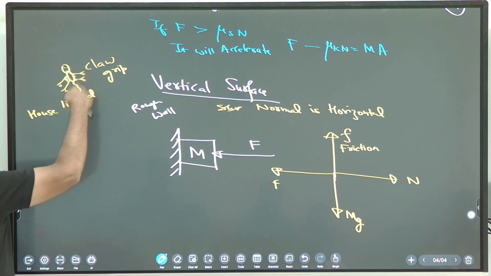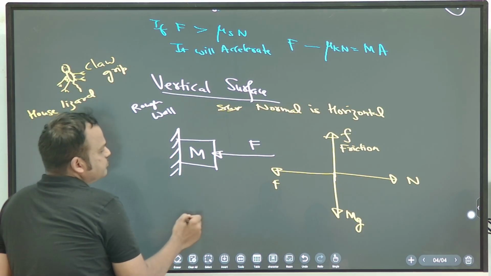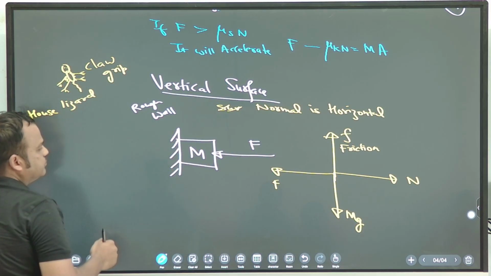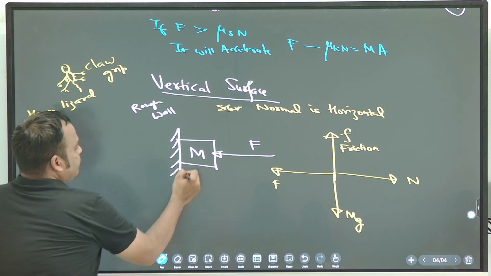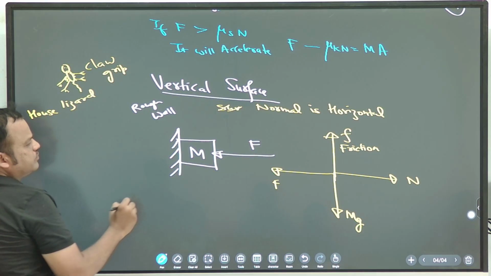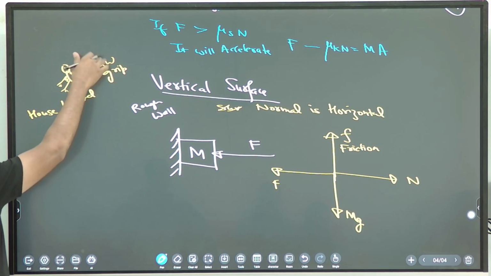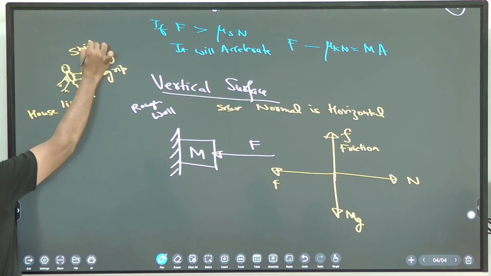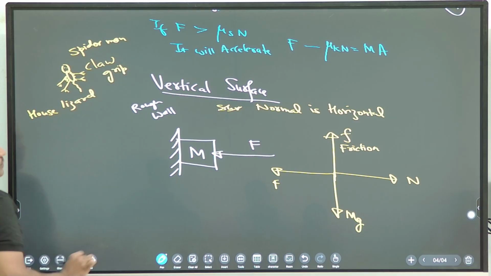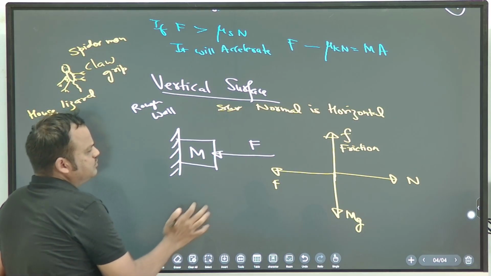That's why it is not falling. Spider-Man is also like that. Grip is there.